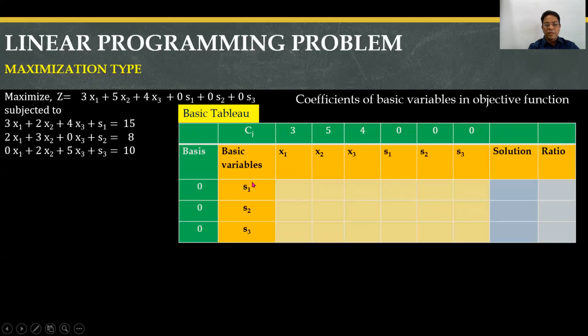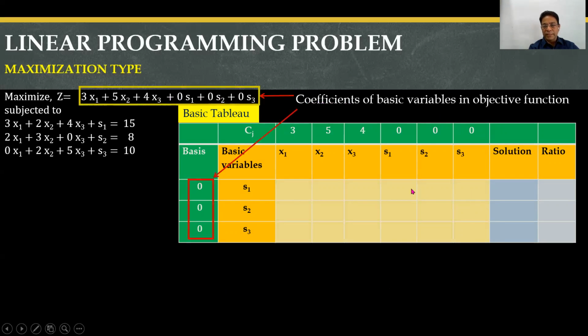Similarly, the basic variables S1, S2, S3 also have some coefficient in the objective function. So the coefficients of the basic variables in the objective function are written here. So this row and this column are completed.